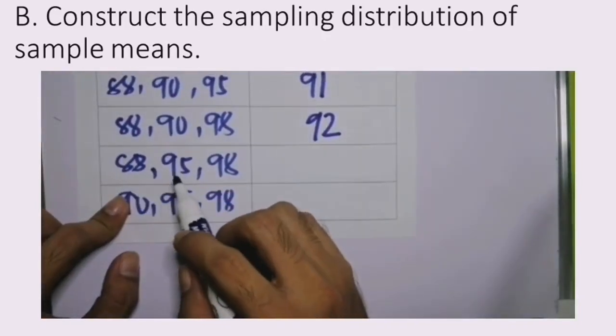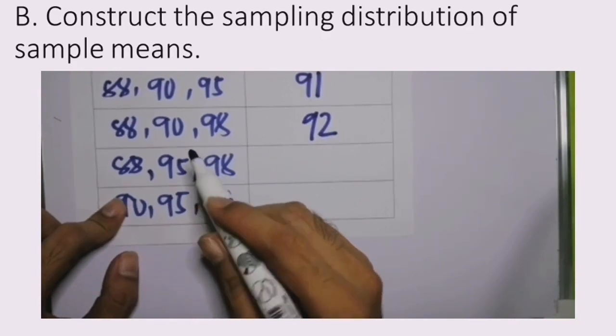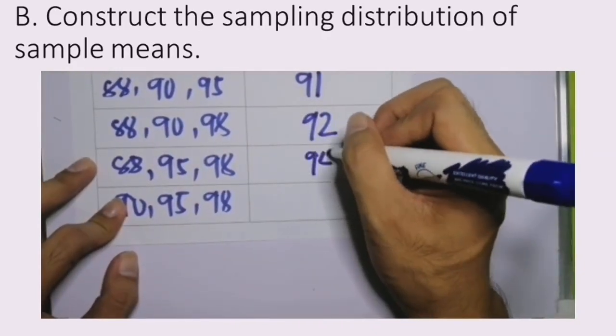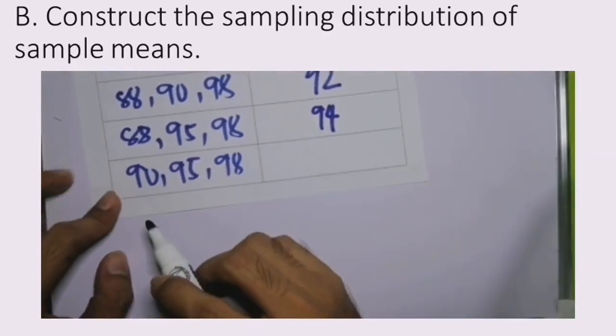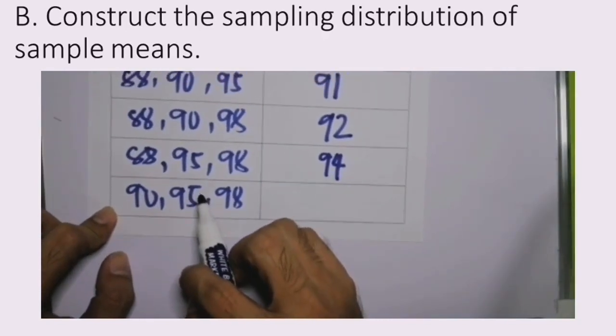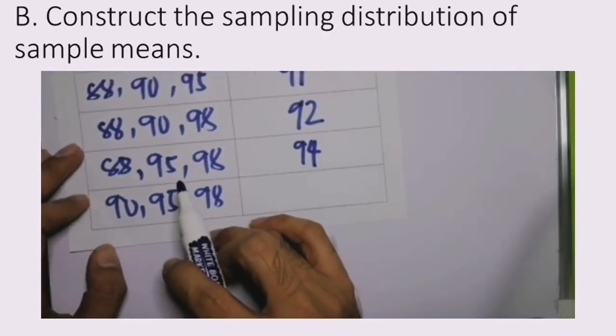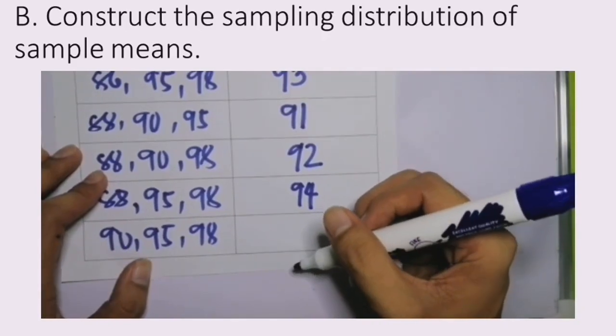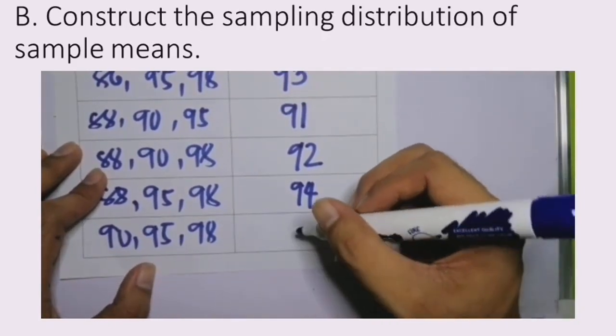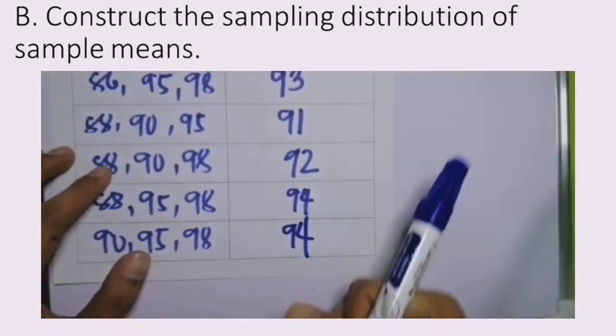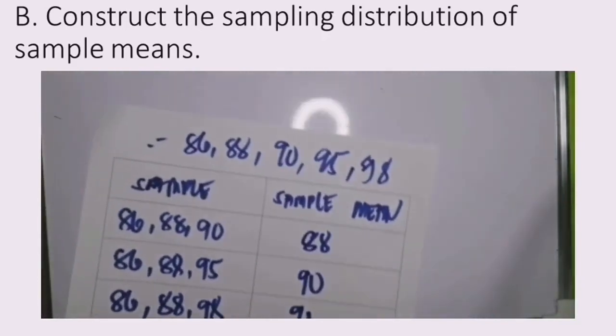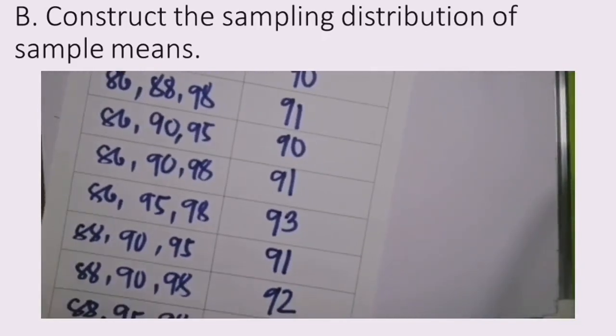Then 88 plus 95 plus 98 divided by 3, that's 94. Then lastly, 90 plus 95 plus 98 divided by 3, that's 94. So these are our sample means.